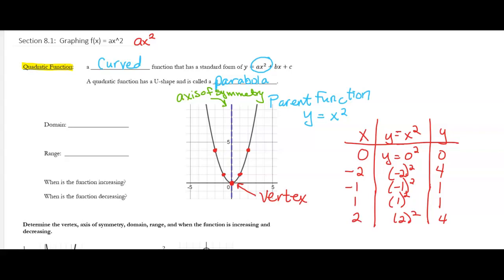And so vertical lines always have an x equals. And so you find out where it passes through. And the x value that it passes through is 0. So my axis of symmetry for this is x equals 0. There are other parts of the graph that we're going to talk about, but the main two things today for being able to graph are the vertex and the axis of symmetry.